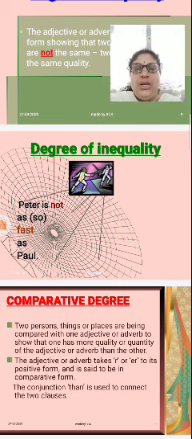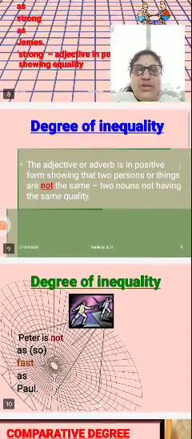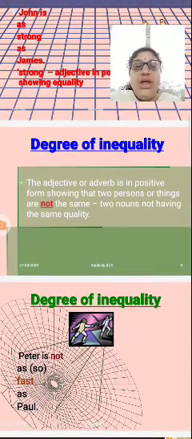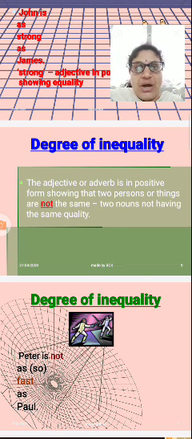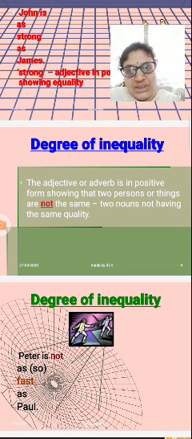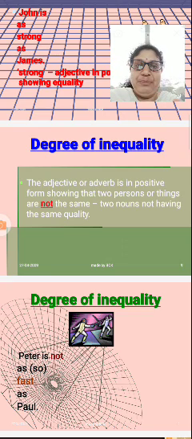So, degrees of inequality, once again: the adjective or adverb is in the positive form, showing that two persons or two things are not the same.